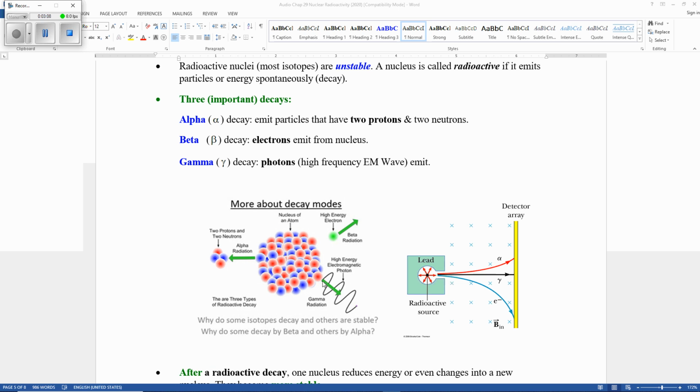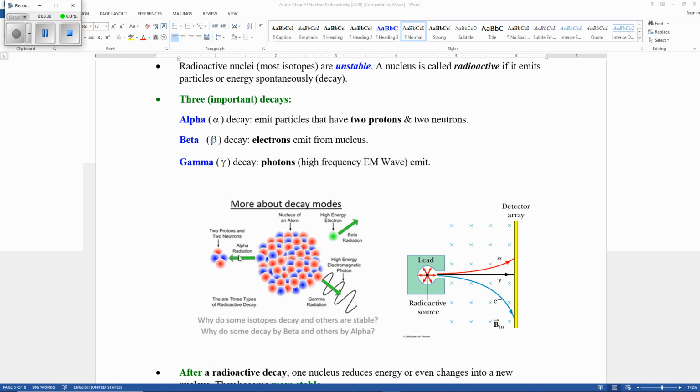Now the third one we call gamma decay. Gamma decay is just a wave, or you can call it photons, right? The frequency is like the frequency of an X-ray, usually a little higher, but from inside, nothing changes.